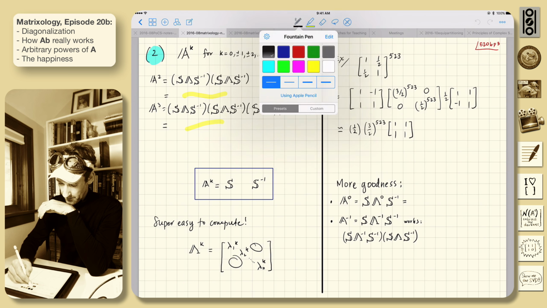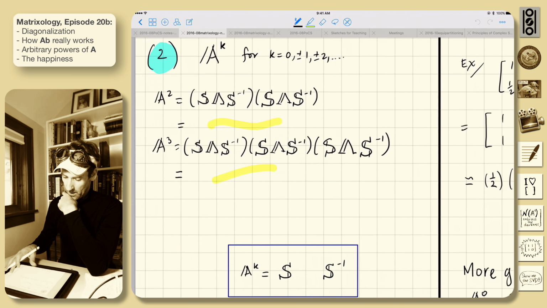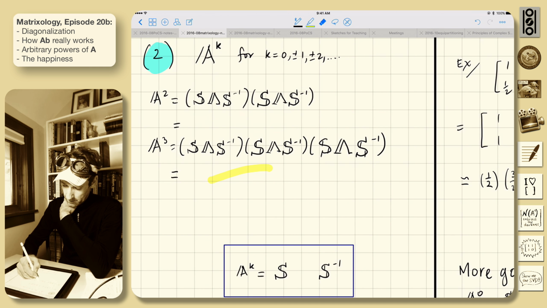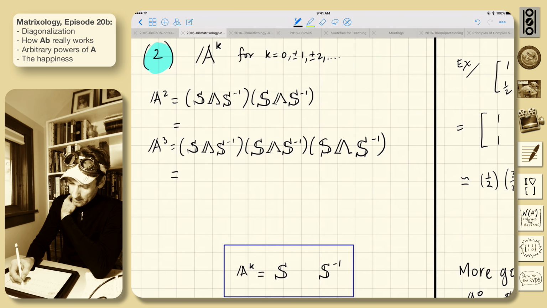All right, so A to the power of k. Look at this, great. So A squared. Actually, this works for negative powers too. And of course, this is all if we can have inverses, which is all about whether we have a linearly independent set of eigenvectors, a basis. So let's do these two things.